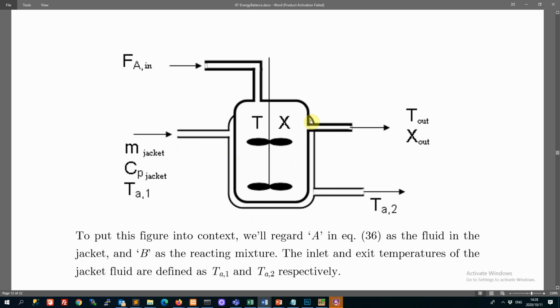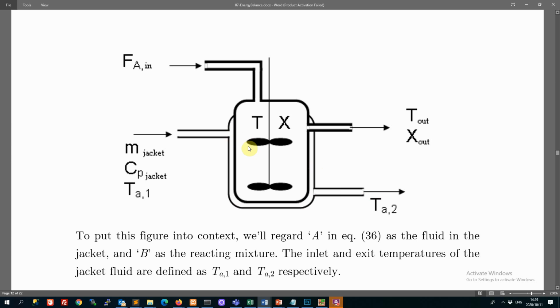It can't flow up this way. It can only flow out here. So there's an oil out here which is exchanging heat across this reactor, but it's not exchanging mass. That oil can't enter the reactor. It's just staying on the jacket side and leaving here.